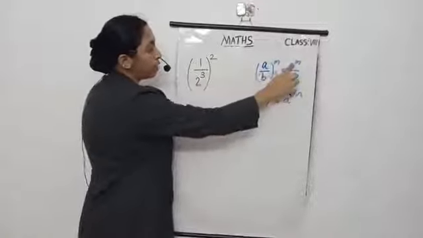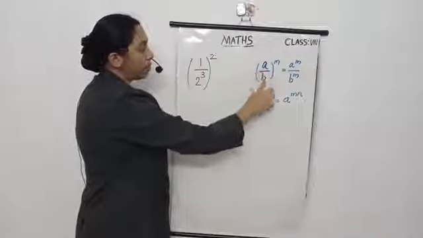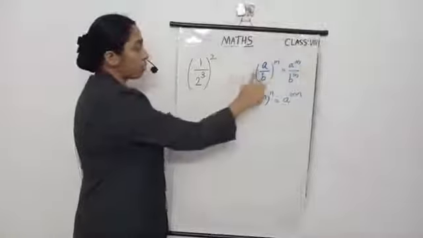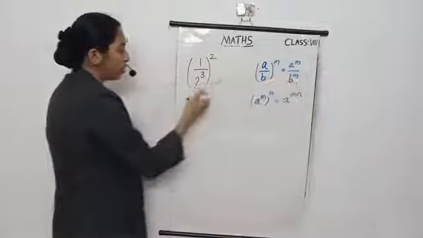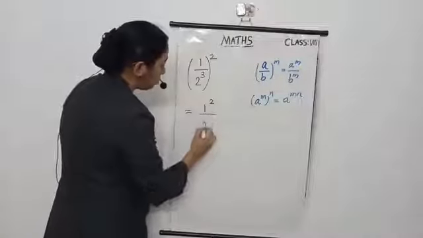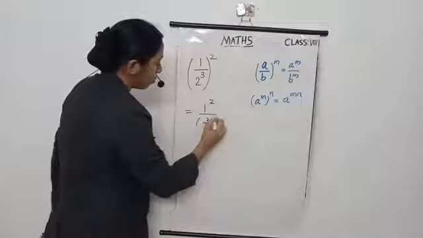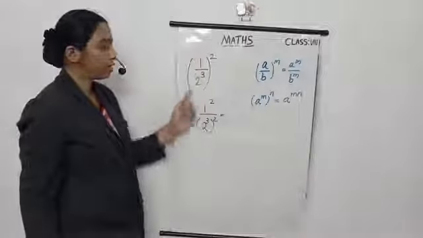We know a raised to m by b raised to m is written like a by b all raised to m, isn't it? So we write its reverse, that is this type. So this is converted like 1 square by 2 raised to 3 all square. Understood? It's like this. Split this. Okay.